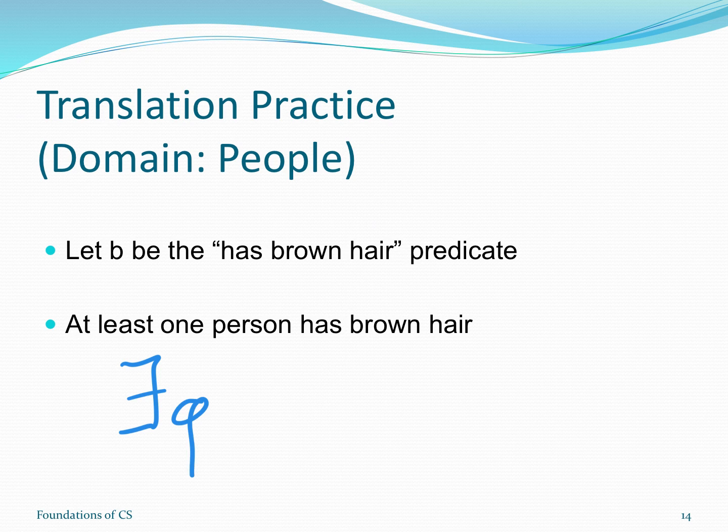Maybe I'll use Q as my variable here. And I can say there exists Q, B of Q, which says there exists at least one thing Q in my domain of people such that the B predicate, when run on Q, returns true.